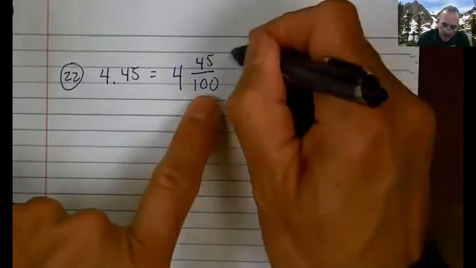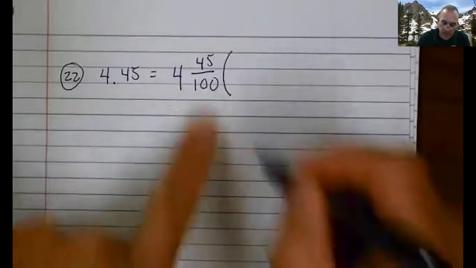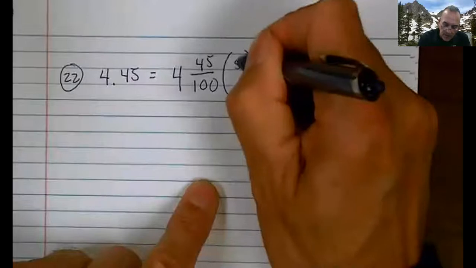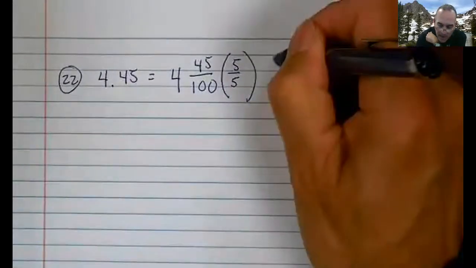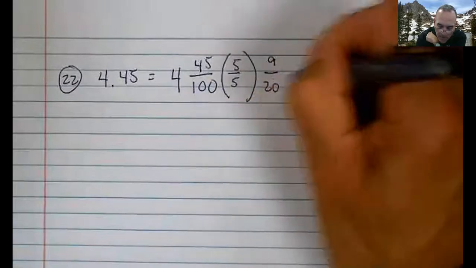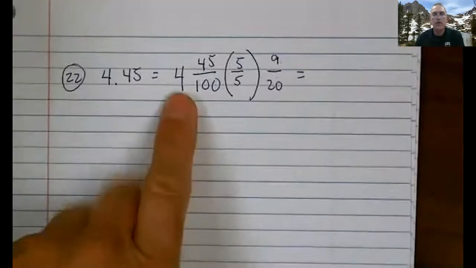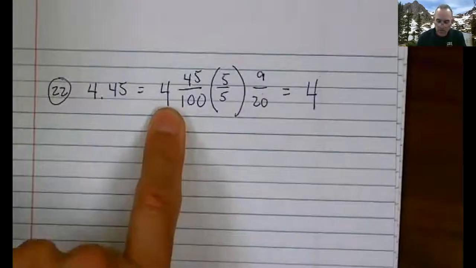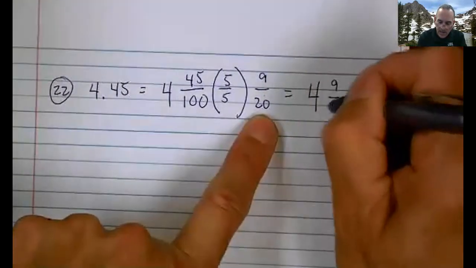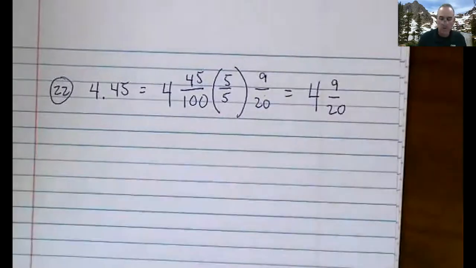Then I look at this and I go, well, this fraction is not in simplest form. I know right away that I can divide those by 5 and I get 9/20. Don't forget about the whole number. So then I take all of it together. It's 4 and 9/20. Correct?